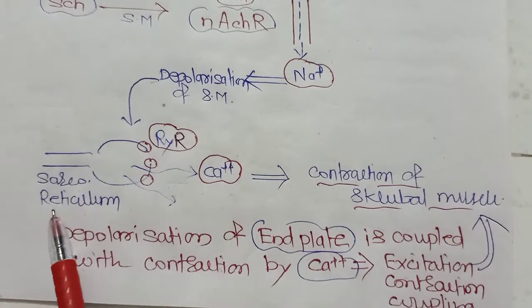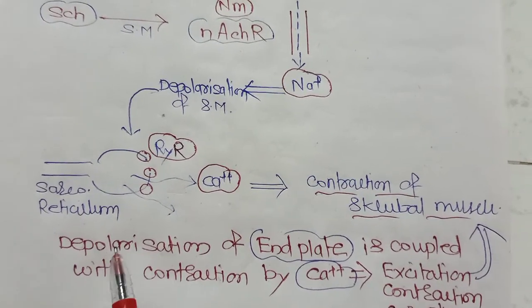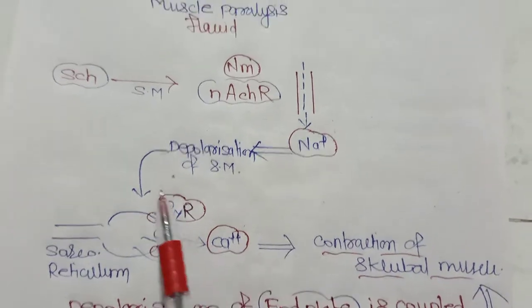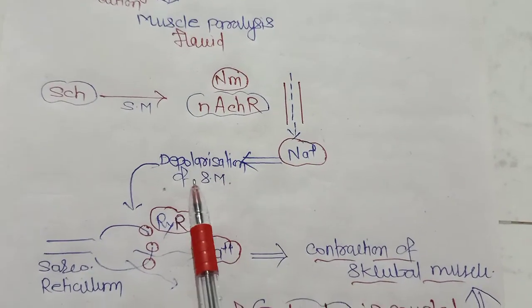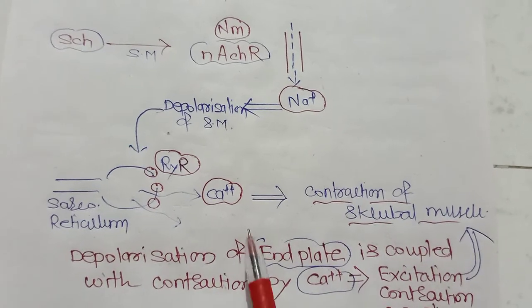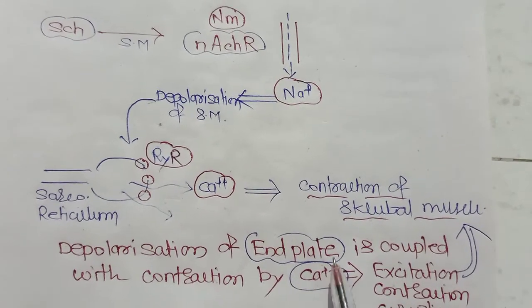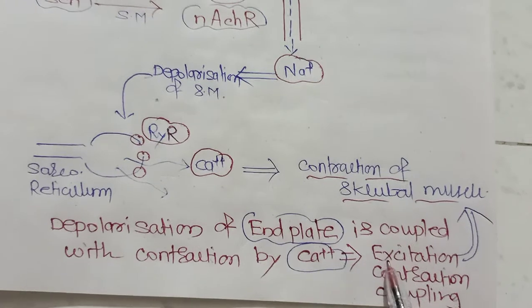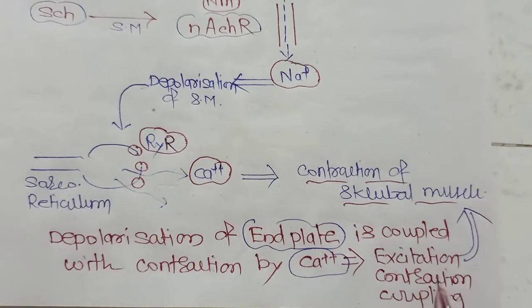Excitation is the depolarization of the end plate. The depolarization of the end plate potential of the skeletal muscle membrane is coupled with the contraction because of this calcium, and that is called the excitation contraction coupling.